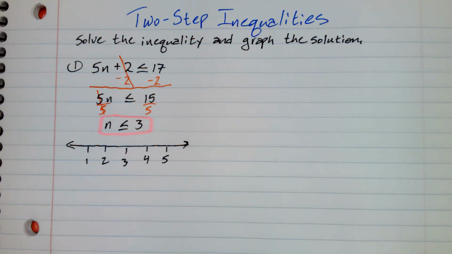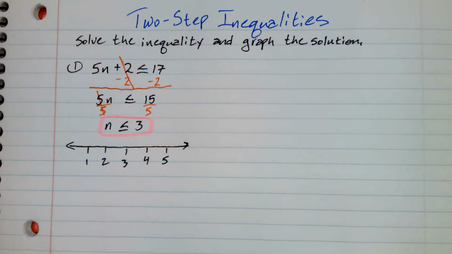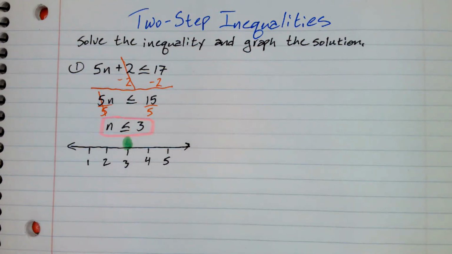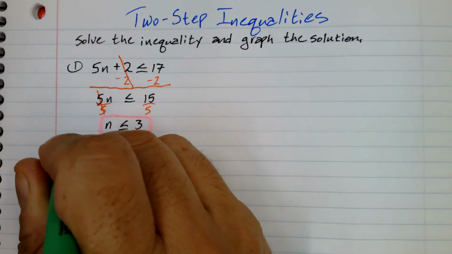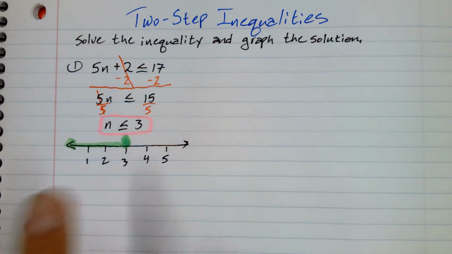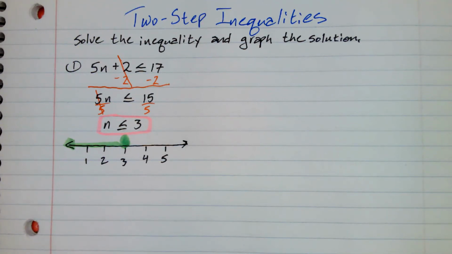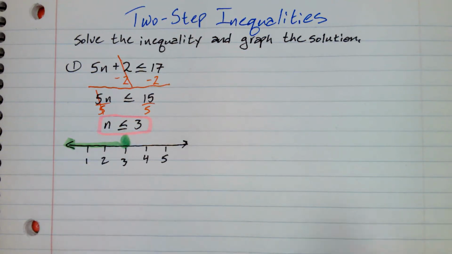At 3, I want to show that it's part of the solution because it's equal to, so we put in a solid point. Then it's anything smaller, any number on into the negatives would be a solution. I could replace n with any one of those numbers and it would work.